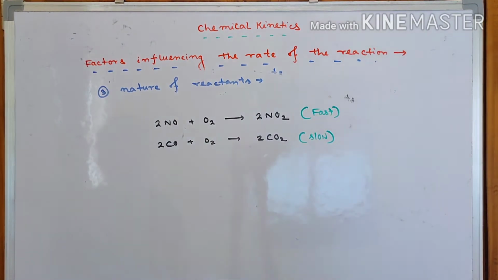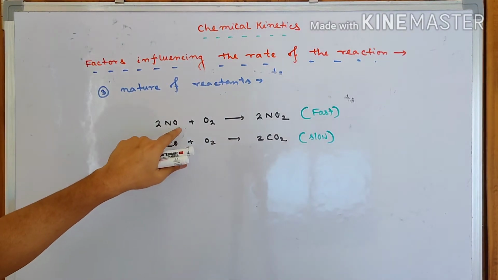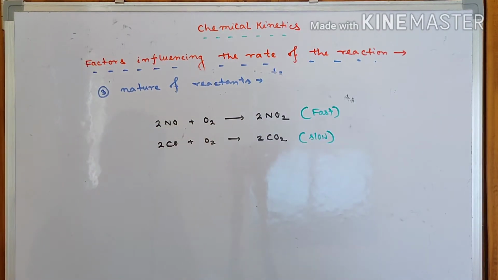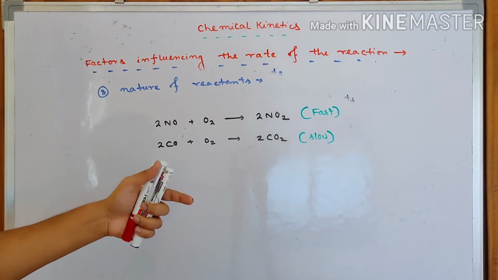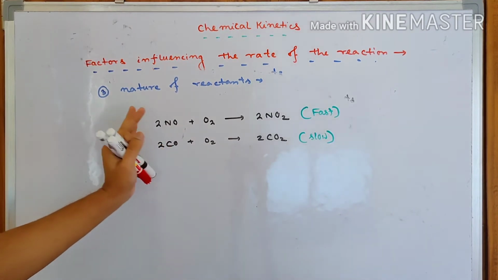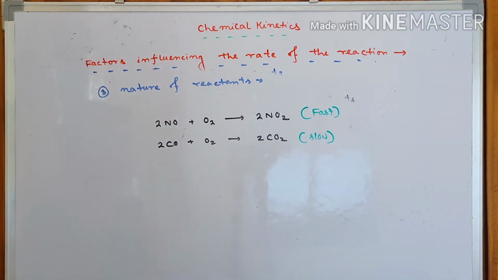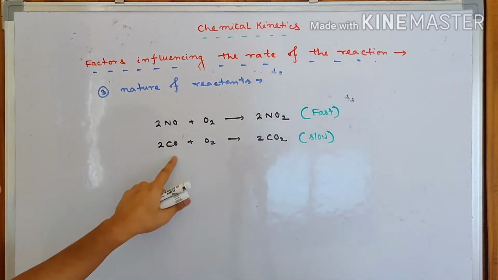As I have told you, this bond may be easily broken and these bonds may be easily formed, whereas to break this bond, maybe, we are not going into details of this particular reaction, but maybe the amount of energy that is required will be higher, so this becomes slower.